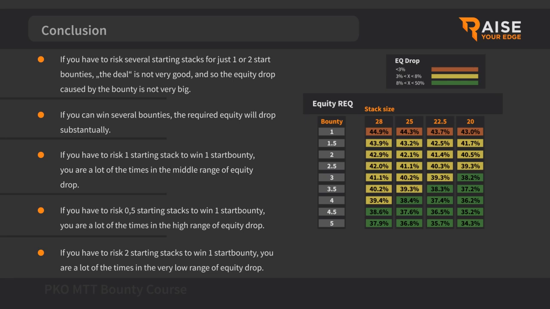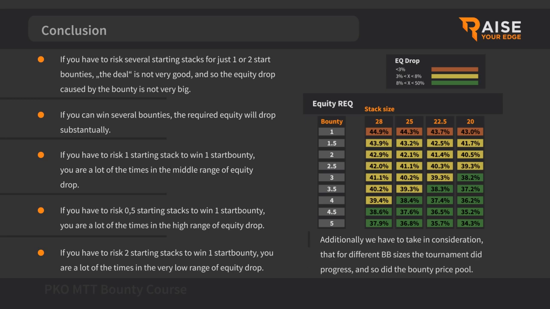And what you have to take also into consideration is that when different big blind sizes in the tournament occur, so if you're looking at different situations, for 1/10 of a starting stack, the big blind 500, 250 and 50, or 1/3 of a starting stack, so essentially 1650, 825, 165, for example, then you will have to take into account that those different big blind sizes are at different stages of the tournament, and it's most likely that some more players did drop out at, let's say, 1600, 800, 160 compared to the big blind size 250, 125 and 25.